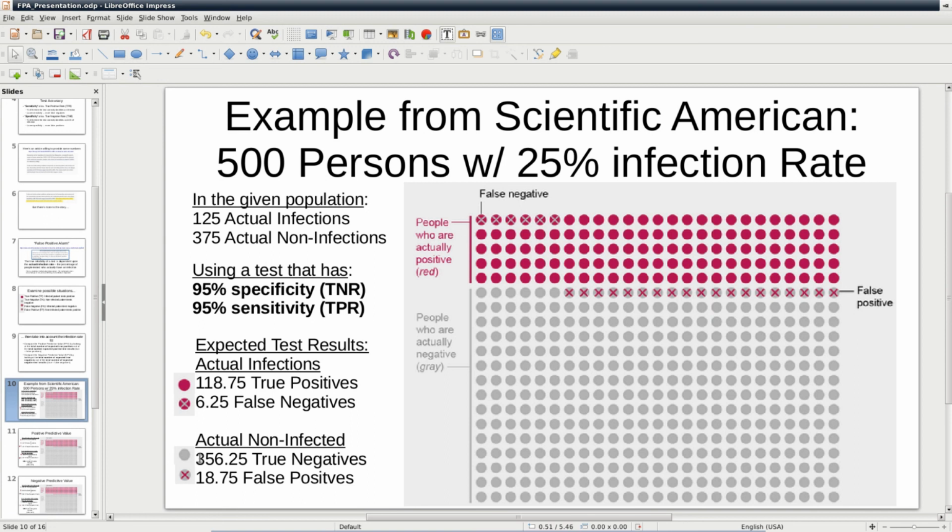See how we got these 356.25 true negatives. That came from multiplying the true negative rate times the number of people in the population who are actually negative. So that gave us that many true negatives.